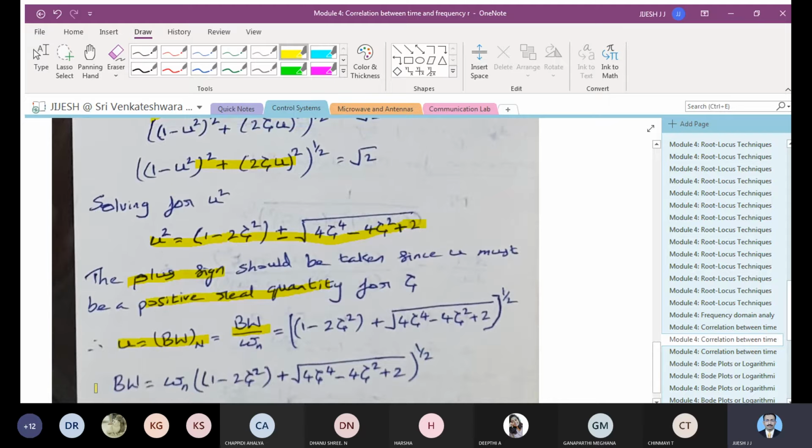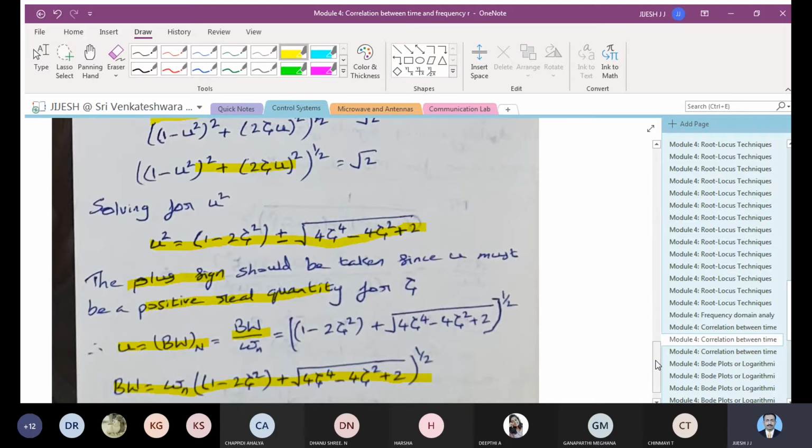So finally you will end up with the equation for bandwidth: omega n times the root of 1 minus 2 zeta square plus root of 4 zeta raised to 4 minus 4 zeta square plus 2. You can make a note of that. So this is what you are going to get for the bandwidth.